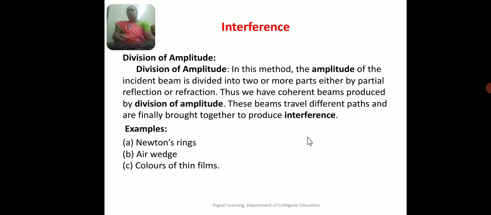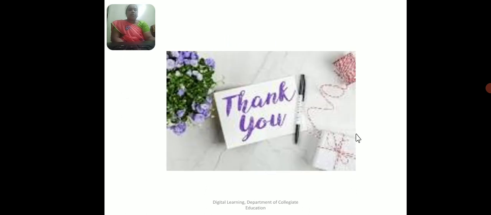They obey the interference condition. So interference takes place due to division of amplitude. Similarly, interference also takes place between the transmitted light rays. Examples of this concept are Newton's rings, air wedge, and colors of thin films. These three experiments are performed using interference due to division of amplitude.